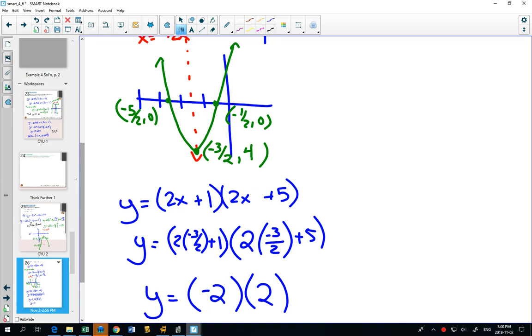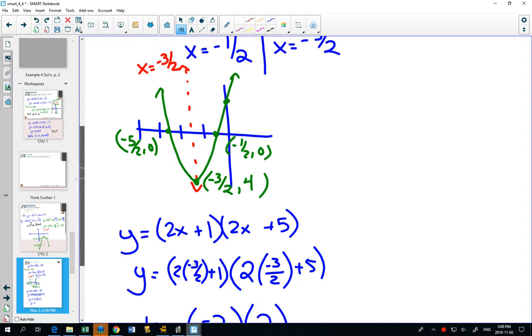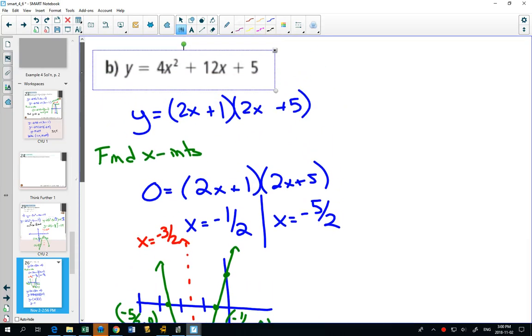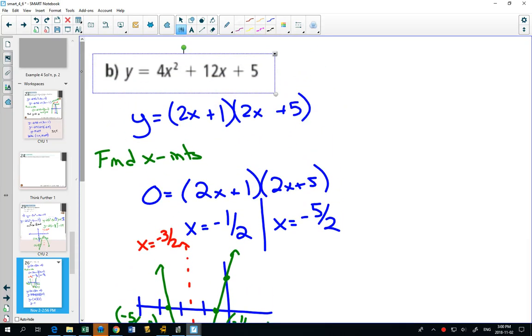If you wanted to, again, another easy point to label is your y-intercept. You can always plug in 0 for x. If I go back to the original equation, if I plug in 0 for x, can you see that your y-intercept would be 5? So this is factoring.